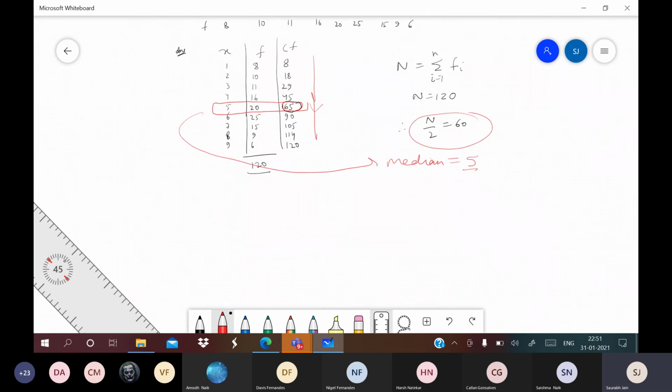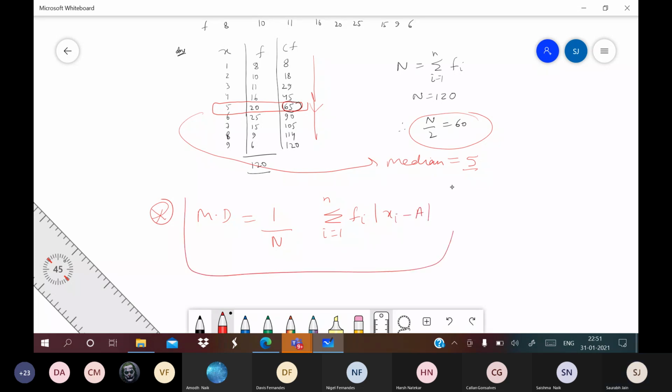But before that, formula for mean deviation, right? For this kind of distribution, what is the formula? See, mean deviation, whether you are finding about mean or median, it is same. The formula is 1 upon n sigma i equals 1 to n fi into modulus of xi minus a.